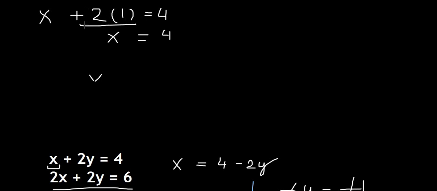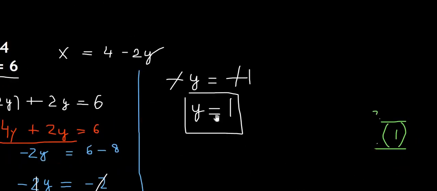And when this positive 2 shifts towards 4, its sign will change to negative 2. So we write negative 2 over here. Simple. x is equal to 2, therefore. Now we have the value of x and the value of y. This is the value of x, and this is the value of y, which is 1.